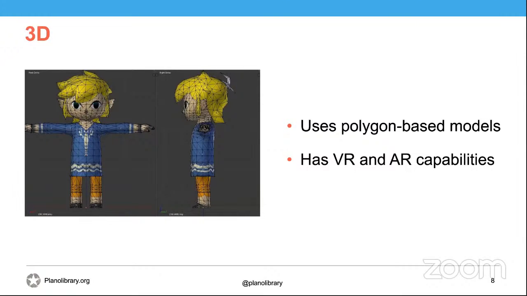Whereas with AR, a good example would be augmented reality for Pokemon Go, where you use your phone and it puts a Pokemon that's animated and moving around, and it makes it look like it's in the real world. So the big difference between VR and AR: VR is you are put into the fake world, whereas AR is the fake world is brought into the real world. But Unity has the ability to do that, and it's definitely worth consideration, especially since VR and AR seem to be where video games have been wanting to go for entertainment purposes.